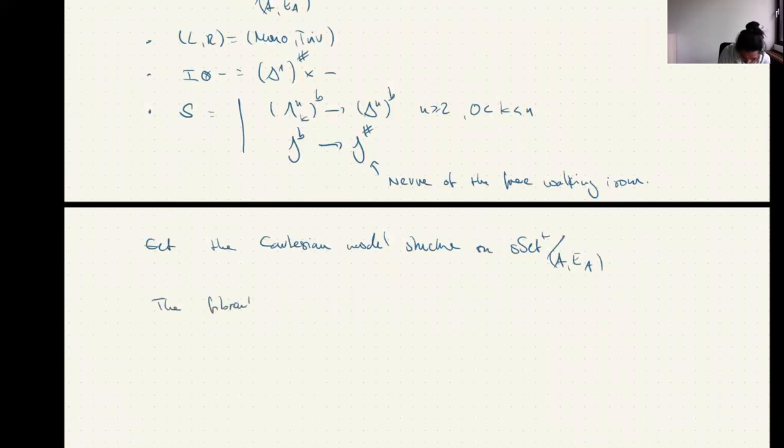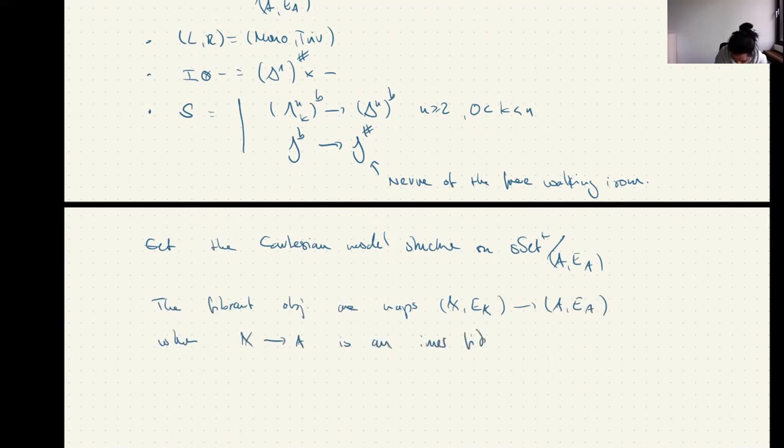The fibrant objects are maps where the map of underlying simplicial sets is an inner fibration, and the set of marked edges is precisely the set of Cartesian arrows lying over the markings downstairs.